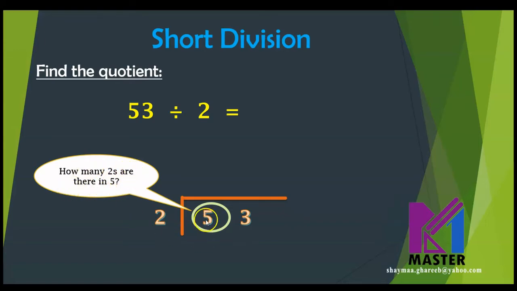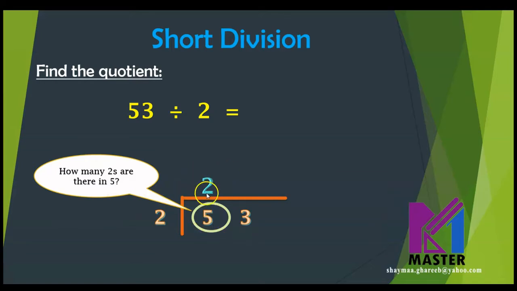Is this clear? I always divide by the 2. So the answer here will have a remainder. 5 divided by 2 equals 2, remainder 1.